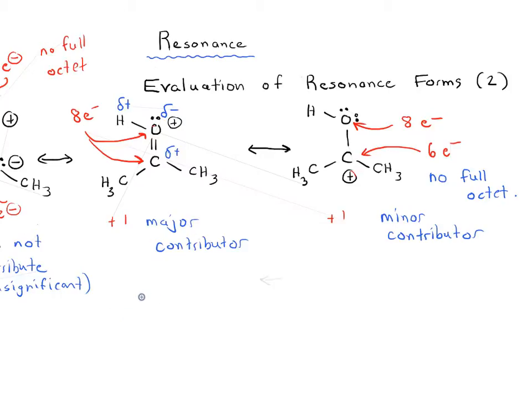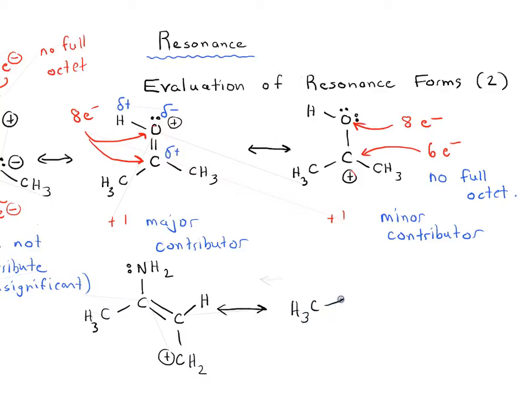So let's draw one other example here, and maybe we'll show a different type of structure. So we have CH2 plus, and let's say CNH2 with a lone pair, and CH3. And let's draw a resonance form for this that looks like this: CH3, NH2, positive charge on the nitrogen, and carbon, CH2.